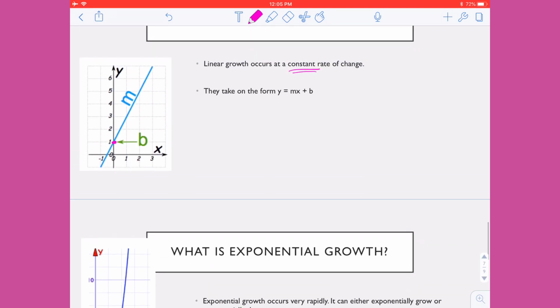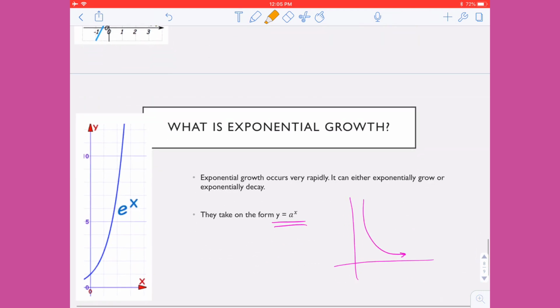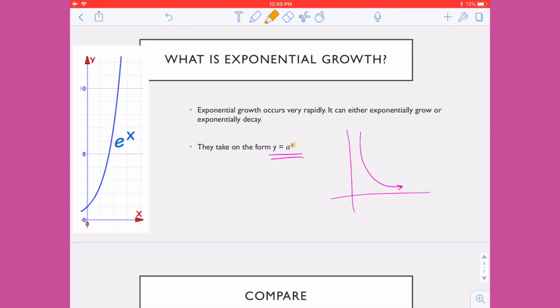So in a linear function, notice how your x is a number value. It's not an exponent value. It's sitting right beside your slope. But in an exponential growth, that x value is actually in the exponent place. So very different and definitely very interesting.